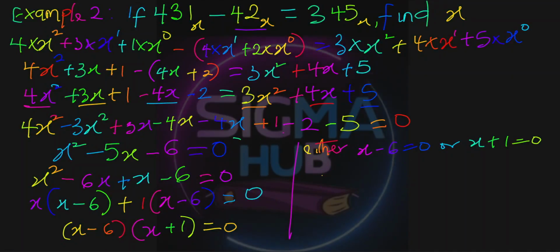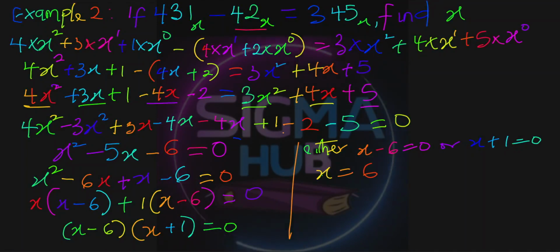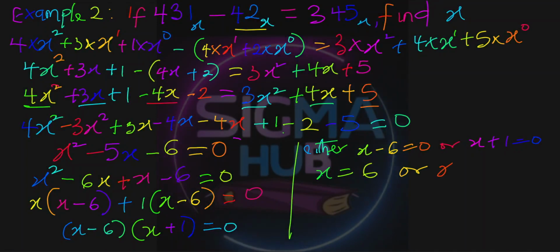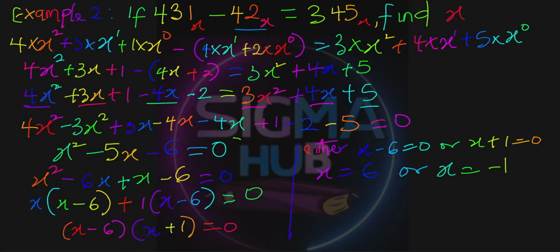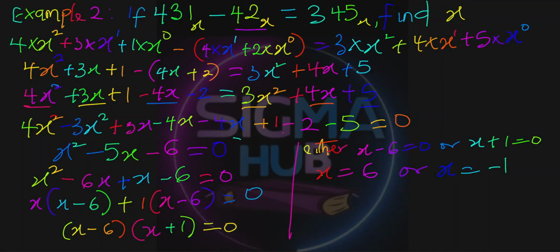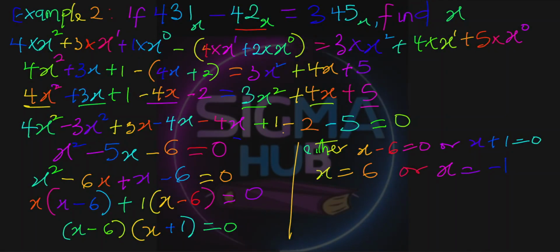So you can either say x equal to 6 or you can say x equal to minus 1. But from the two answers that we have gotten, it's easy to say that x is equal to 6. So we are picking 6.